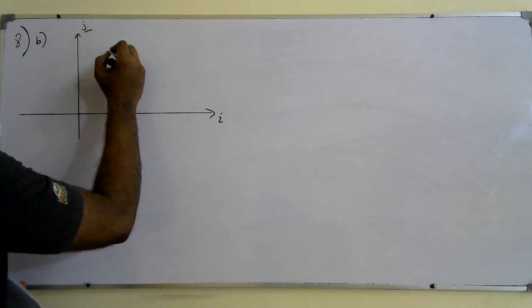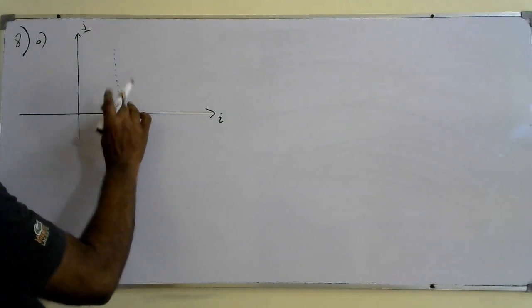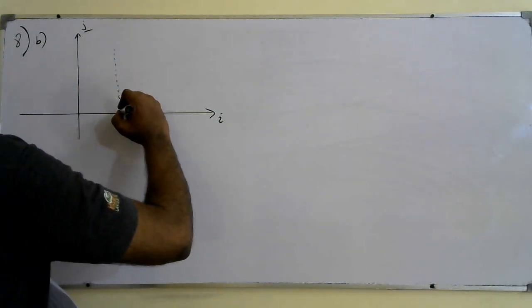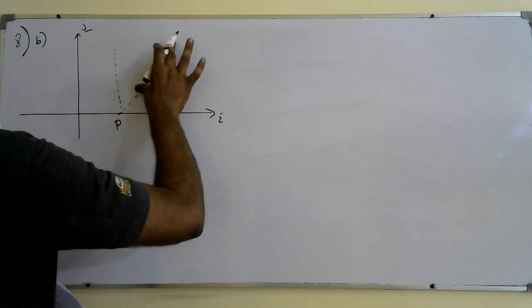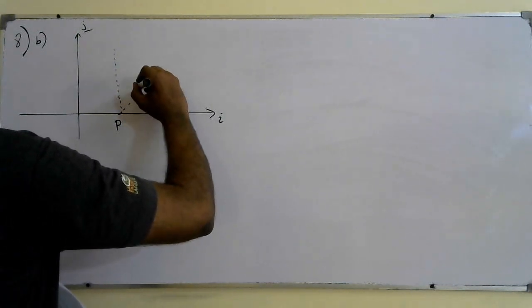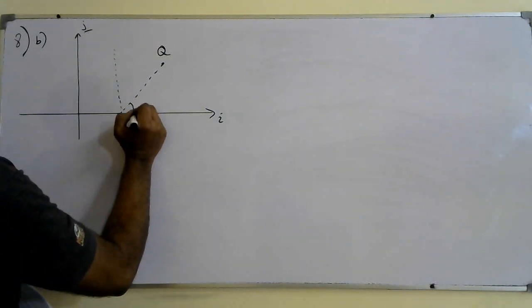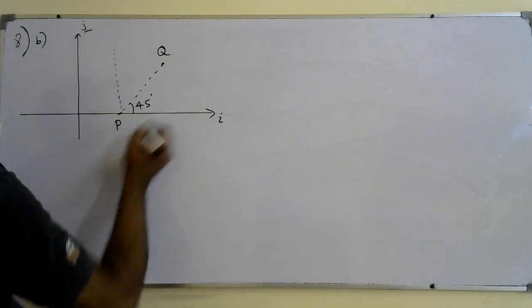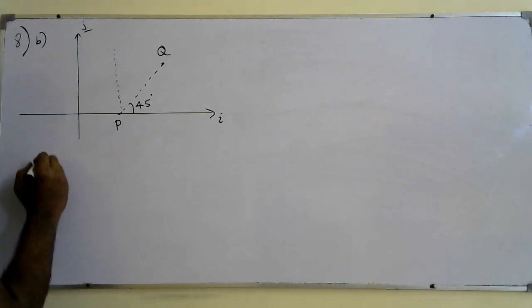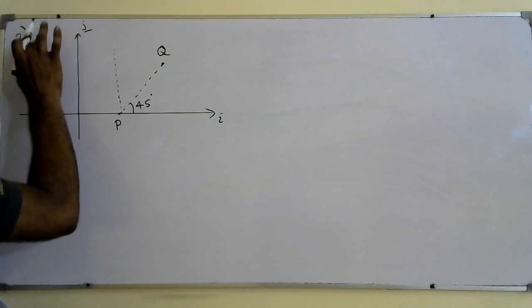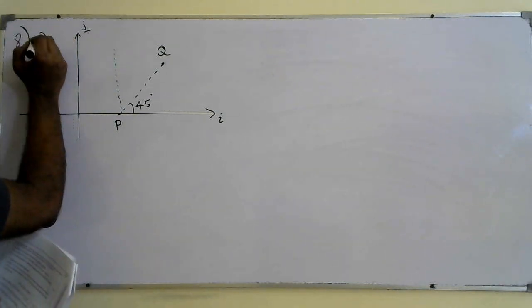This is along the vertical line which indicates the north. Towards east, Q should be somewhere here. So this angle should be 45 degrees, and that means the vector PQ.